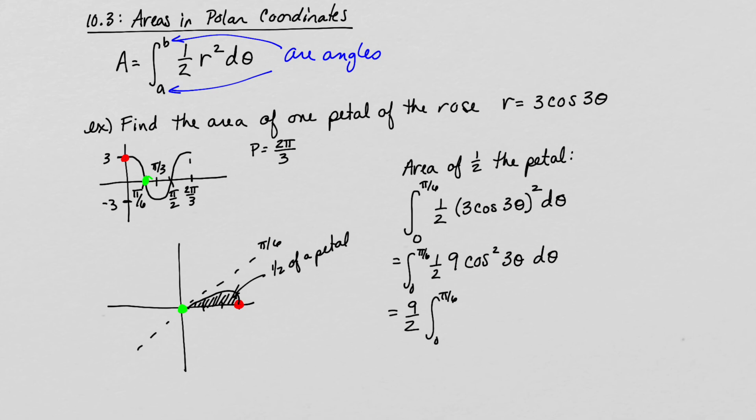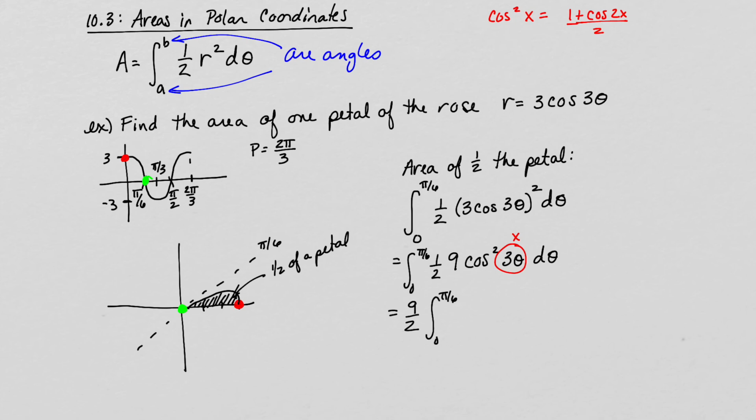So remember, the half angle formula says that the cosine squared of x is equal to 1 plus the cosine of 2x all over 2, right? So instead of an x, we have a 3 theta, so our 3 theta here is acting like our x.